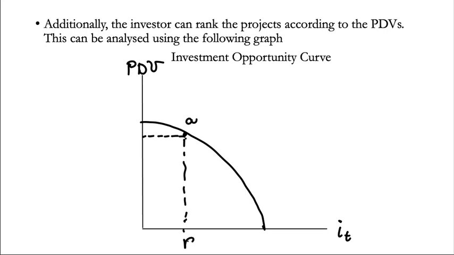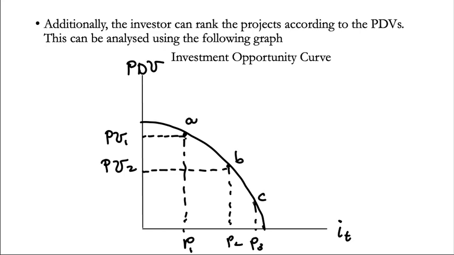At point A, investment is at this P1, and the present value here is PV1. Let's say I pick point B, P2, and the present value here is PV2. And I have another point, point C. So at point C, the present value is PV3.